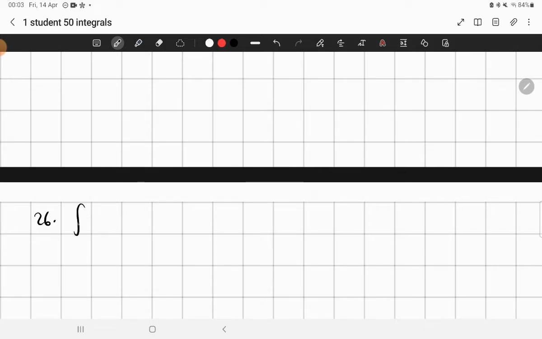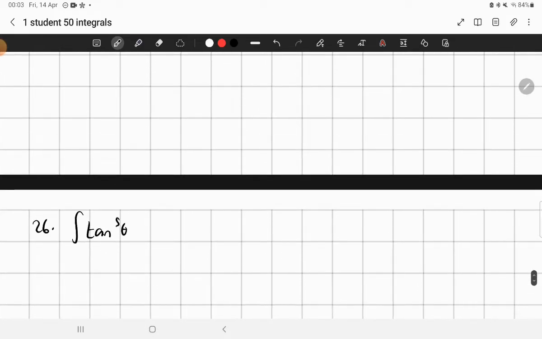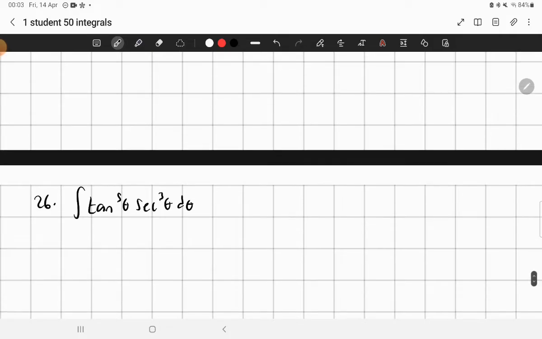Alright, simple integral here. So tangent power 5 theta times secant power 3 theta d theta. So our goal here essentially is, we know we could separate this as tangent power 4 theta, secant squared theta, this will be secant theta tangent theta d theta.